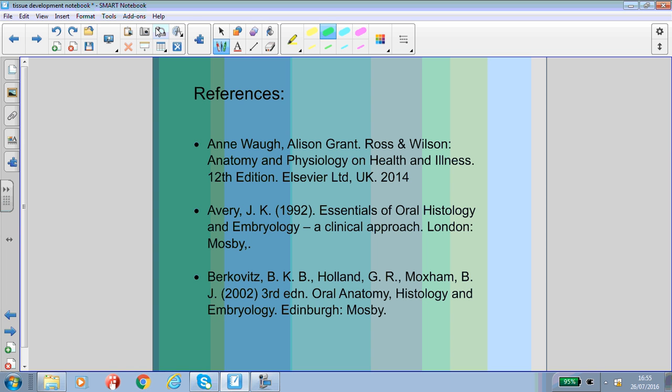So if you want to borrow those books from each site, then you could either go to the UHI library in Inverness College or Lewis Castle College, or if you can't get them there, then if you approach one of the tutors in your site, they may have a copy. In fact, they will have a copy that you can look at. You won't be able to take it away because they're our own personal copies, but they are there. As we already know, the Ross and Wilson is available online as an ebook.